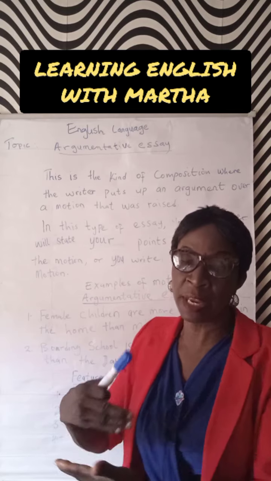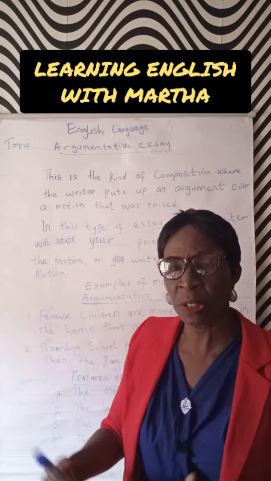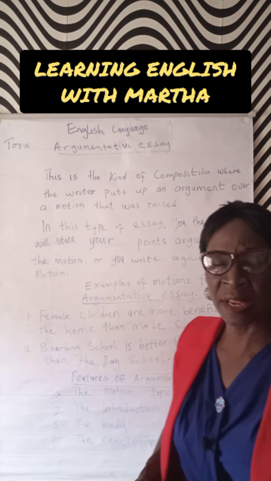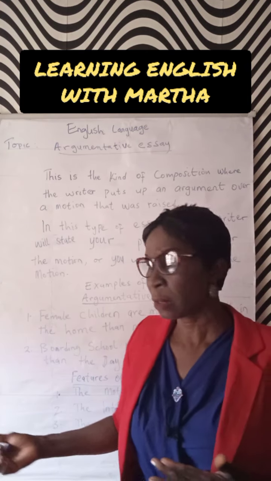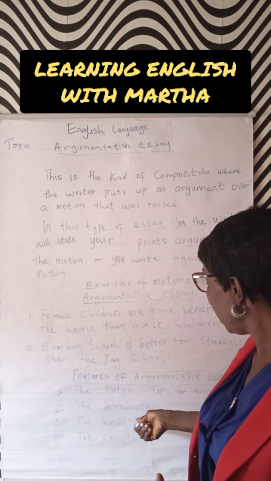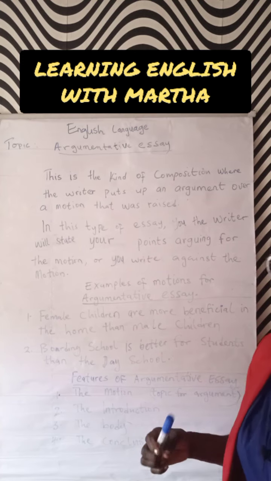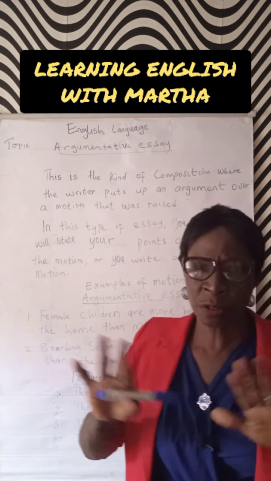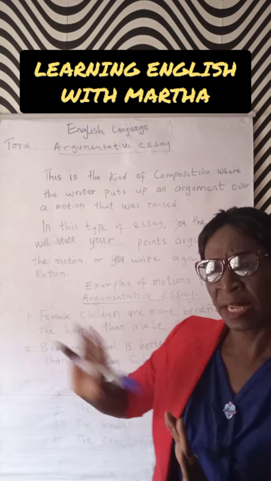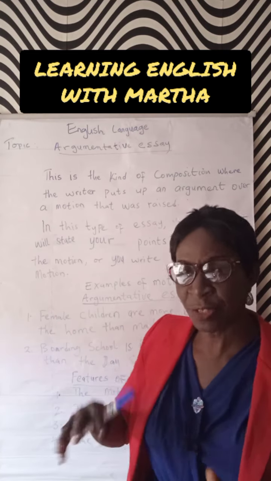The body has to be in paragraph 1, paragraph 2. That's where you discuss your points against or in support. Then after the body of your essay, you have the conclusion. In the conclusion, you summarize all your points against or in support, and then you indicate your stand.